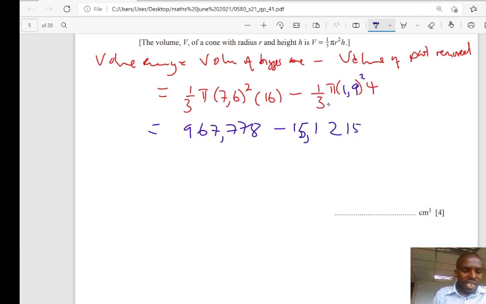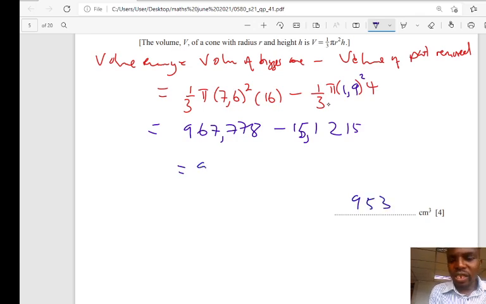Then if you subtract this one from 967.778, then you get 952 or 953 to 3 significant figures.